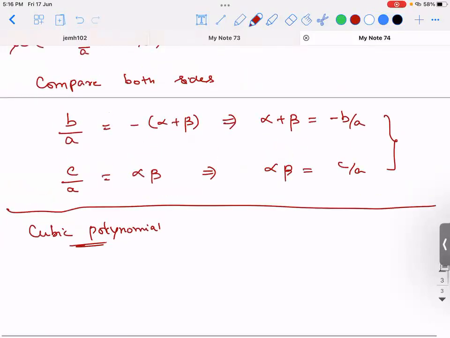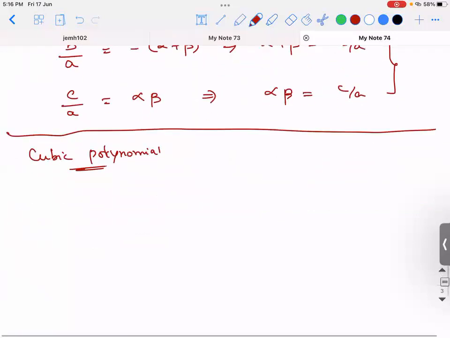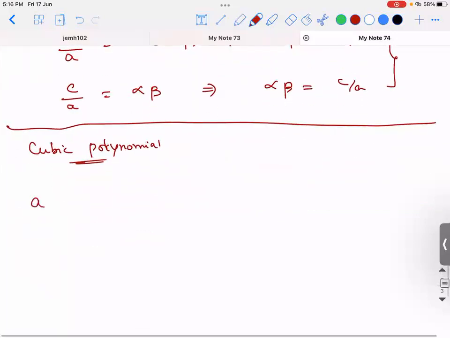So we'll go to the next proof. That is ax cube plus bx square plus cx plus d.